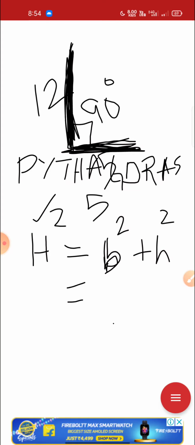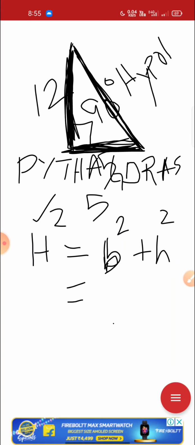Now what is hypotenuse? This one. Okay, this is called the hypotenuse. So this is called the hypotenuse, this is called the height, and this is called the base.